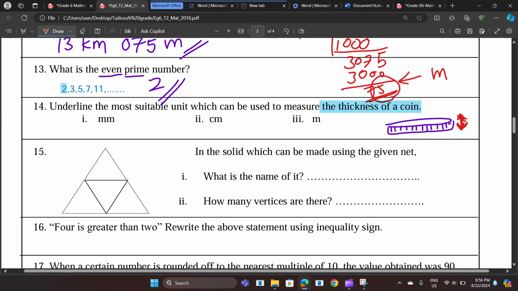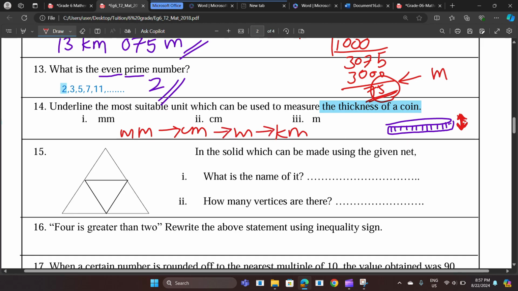The thickness of a coin is a very small amount, no? So we have to use the smallest unit we have learned in length measurements. You have learned about millimeters, centimeters, meters, and then kilometers.